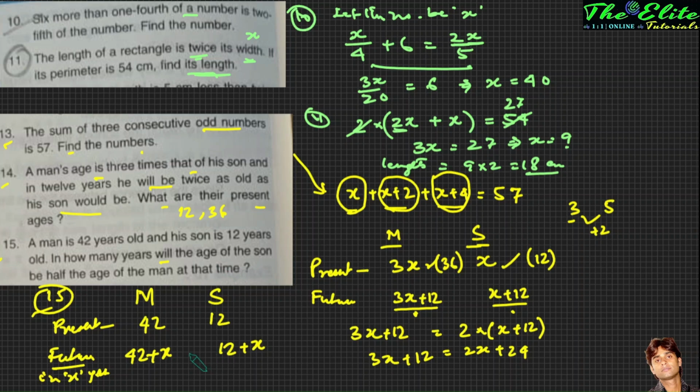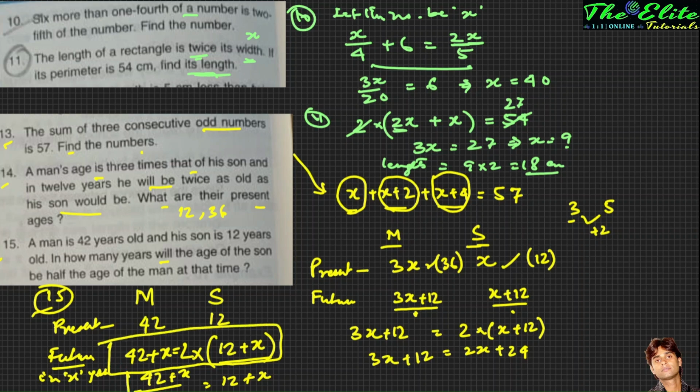So, what is the situation? If the son's age will be half the man's age, it means if you multiply this by 2, it will be equal to that. Or you can do it like (42 plus x) by 2 is equal to 12 plus x. Think this way or this way. Either way, you have to find out the value of x and that will be your answer. In how many years means we have already assumed that number will be x. That's your answer. Question 15 solved, isn't it?